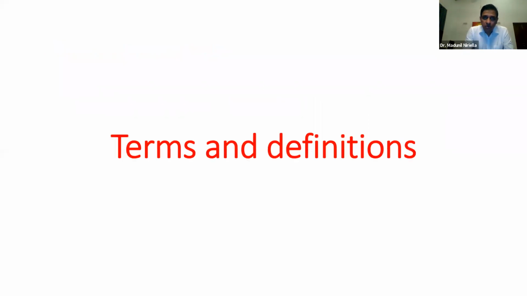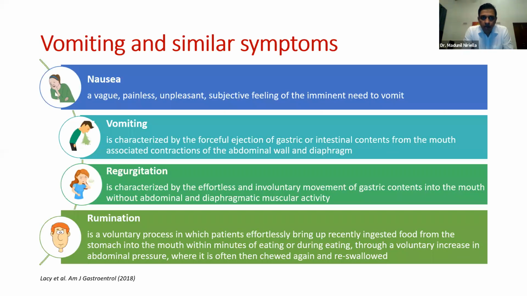Before coming back to our patient, let us clarify some terms and definitions. Vomiting has to be differentiated from similar symptoms. Nausea accompanies vomiting most of the time, and is defined as a vague, painless, unpleasant, subjective feeling of imminent need to vomit.